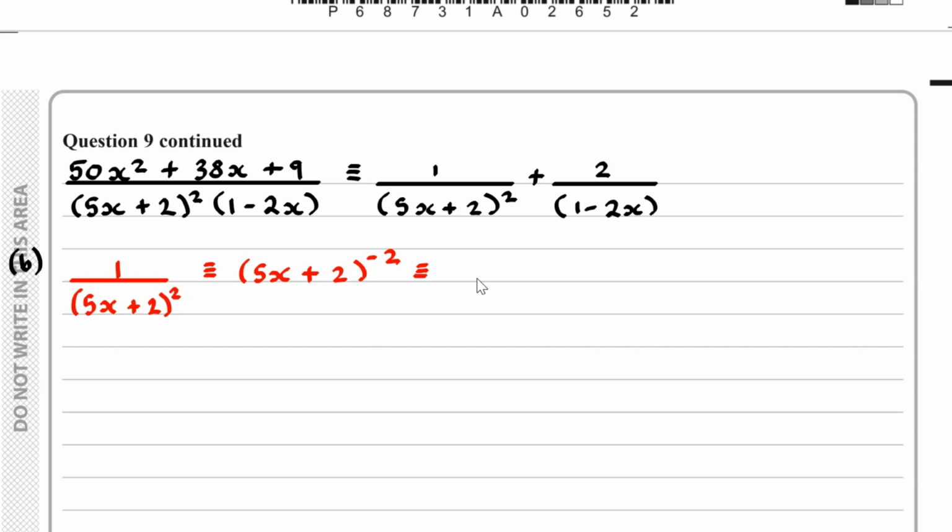This being the same as, let's rewrite this as 2 plus 5x, of course, due to commutativity, we can do that. We've got 2 plus 5x to the power of minus 2. And if I take out a 2, I've got 1 plus 5 over 2x, and what I'm doing is raising this to the power of minus 2.